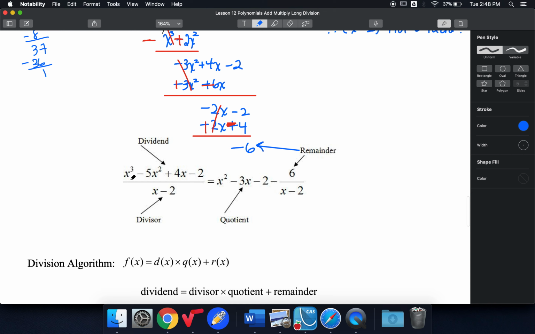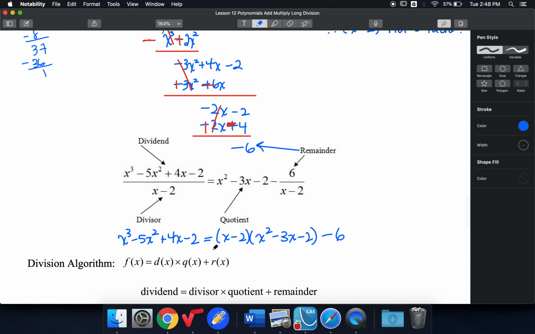What I'm saying is this function, that was my original f of x. If I multiplied this divisor through to the other side, I would get that x cubed minus 5x squared plus 4x minus 2 is the same as x minus 2 times x squared minus 3x minus 2, minus 6. Well, if I multiply my divisor by this, that's going to cancel with the divisor in the bottom.